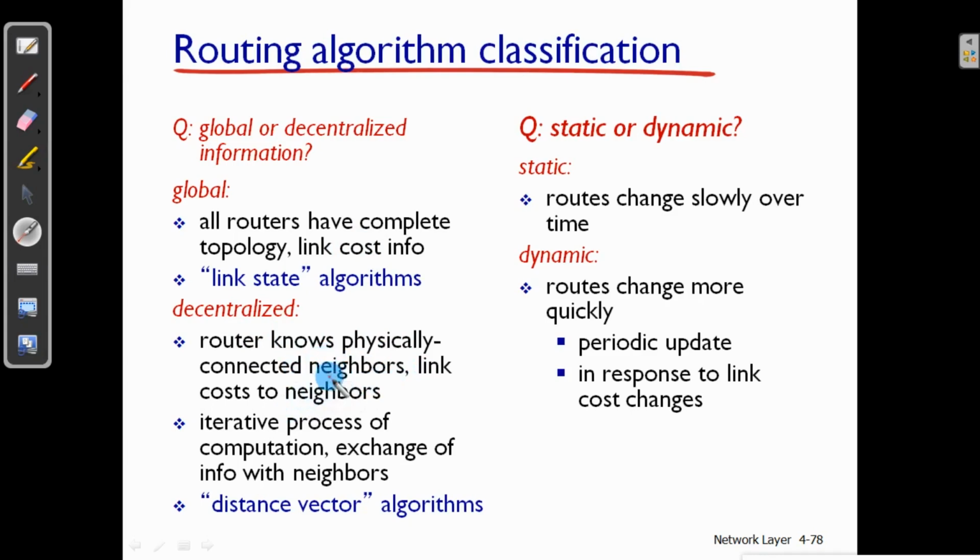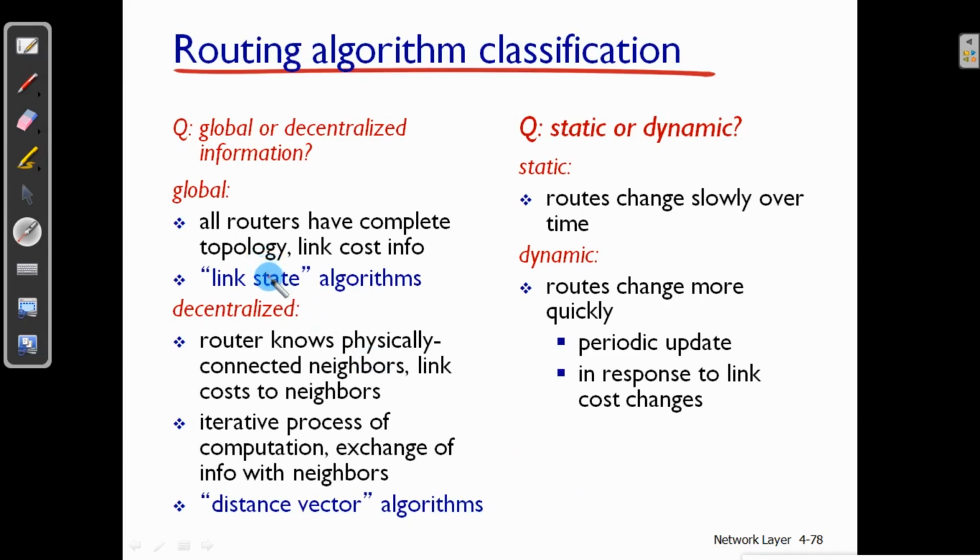Based on that, the router computes the changes in the routing table, and this is an iterative process. An example of a decentralized algorithm is the distance vector algorithm, and an example of a distance vector algorithm is the Bellman-Ford algorithm.